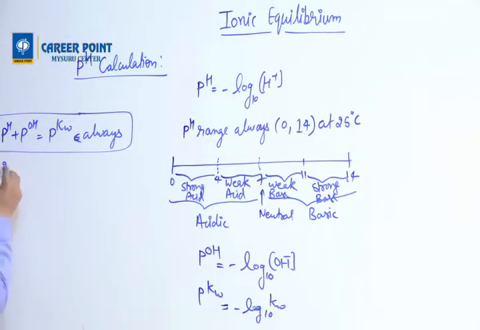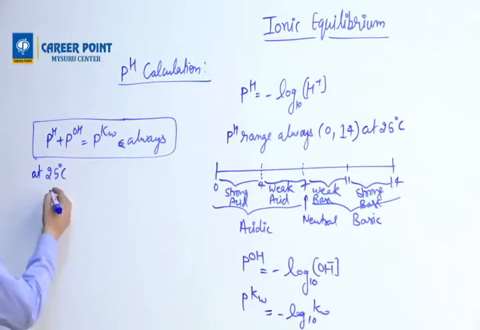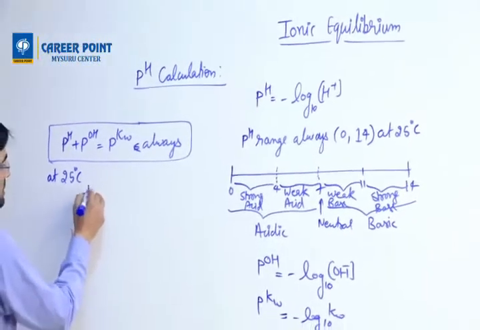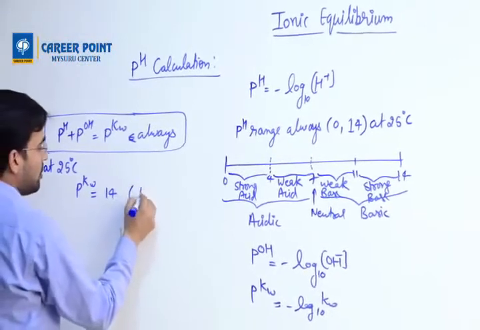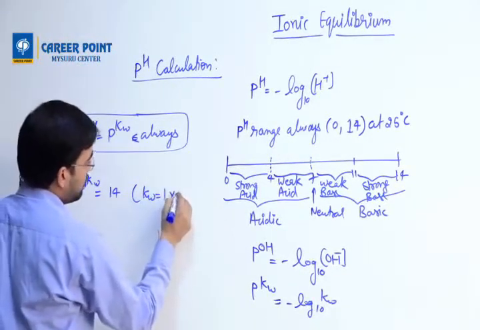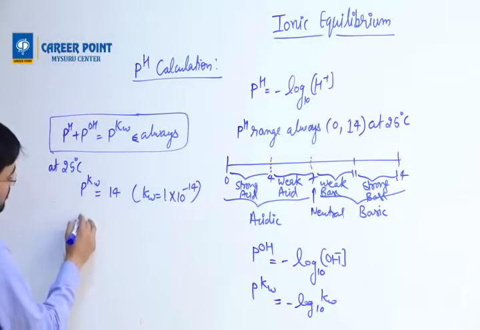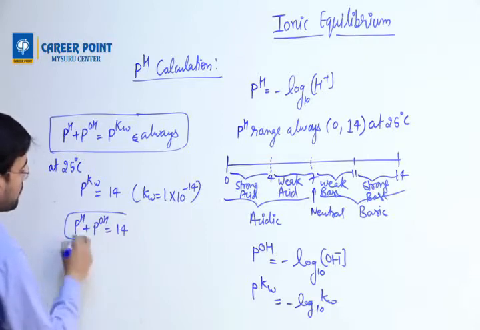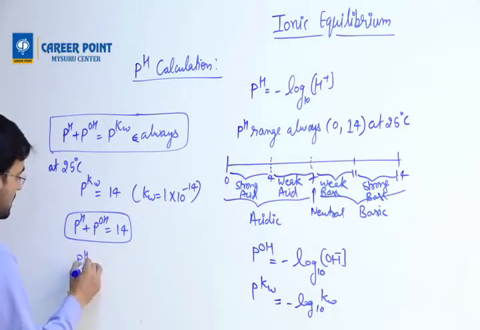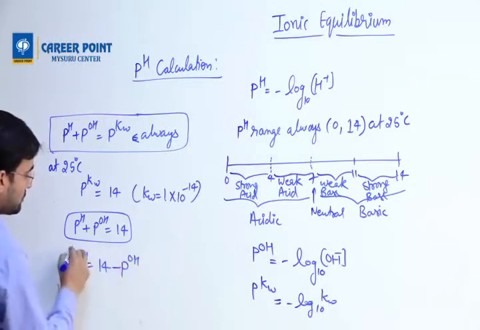Then at 25 degrees Celsius, pKw is 14 because Kw is equal to 1 into 10 power minus 14. So now pH plus pOH equals 14, or pH equals 14 minus pOH.